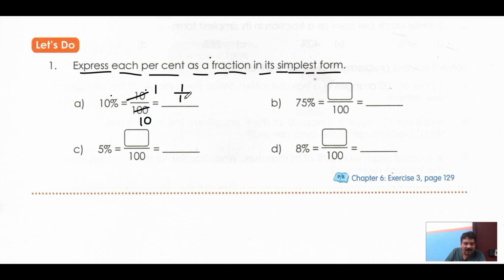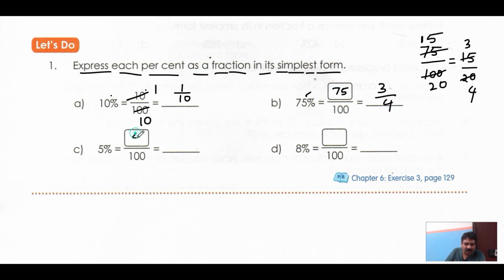It is 1 by 10. Now this is 75% means 75 out of 100. See here, 75 out of 100. If you take 5, right? 5 ones are 5, 5 fives are 25. Then here 5 twos are 10. This is 20. 15 by 20 you are getting. Still 15 by 20 can be divisible by 5, right? 5 threes are 15, 5 fours are 20, so it is 3 by 4.